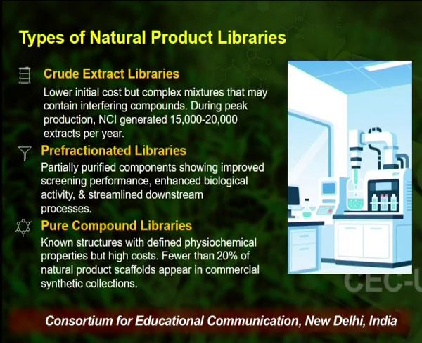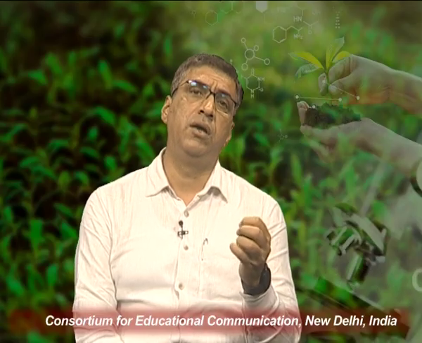Since an additional step of purification or fractionation is added, such libraries are a bit higher in cost in comparison to crude extract libraries, but nowadays the major focus is on pre-fractioned libraries, and as we will discuss ahead, a lot of databases, research groups and research institutes are mainly focusing on pre-fractioned libraries.